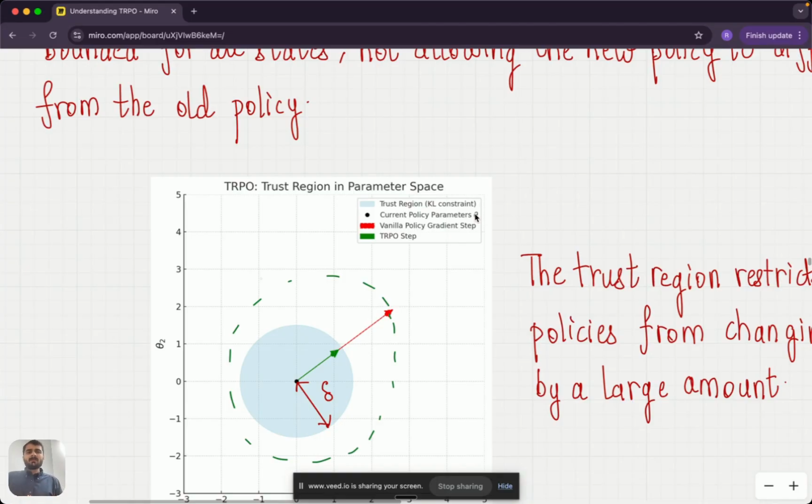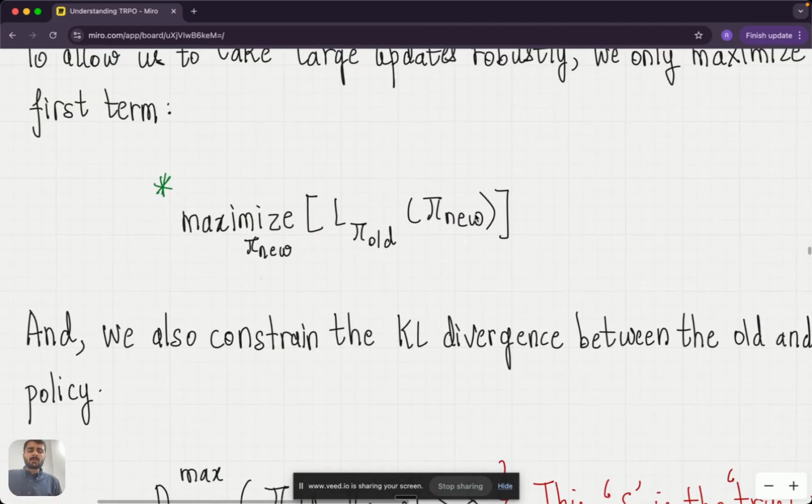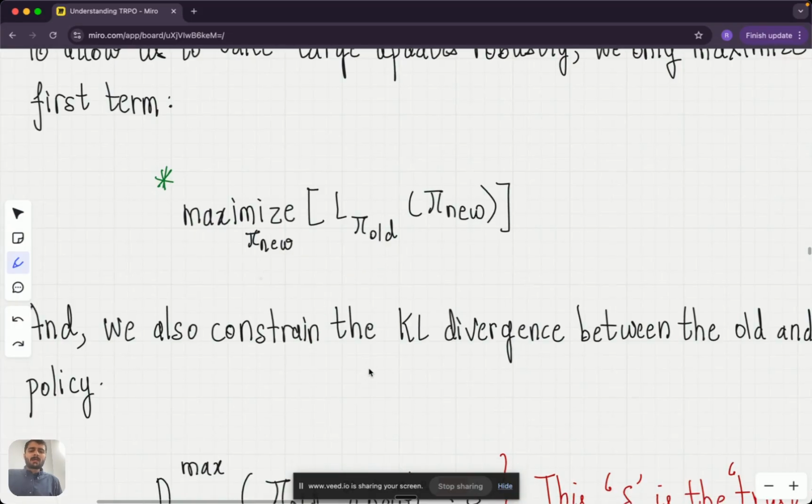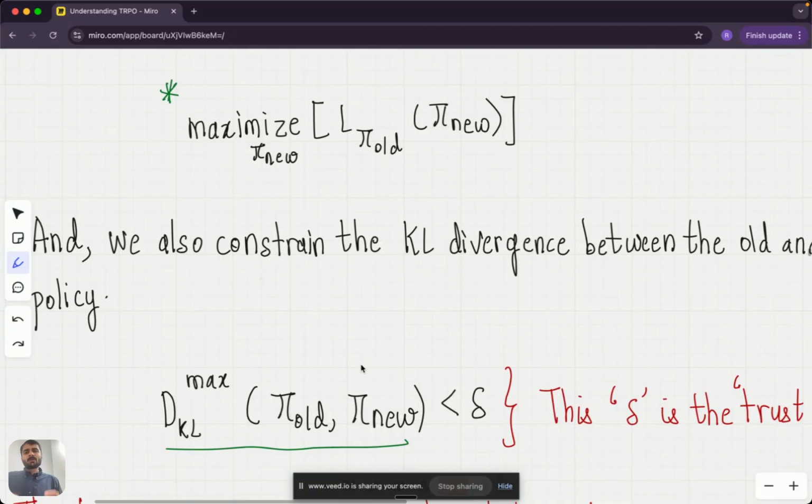Now, in this lecture, we have looked at some new notations, which is L pi old, pi new, which is the surrogate objective function now, because the KL divergence has been moved to the constraint. Then we looked at KL divergence, it is denoted by DKL. Maximum denotes we look at KL divergence for all the states and then we take a maximum out of that.